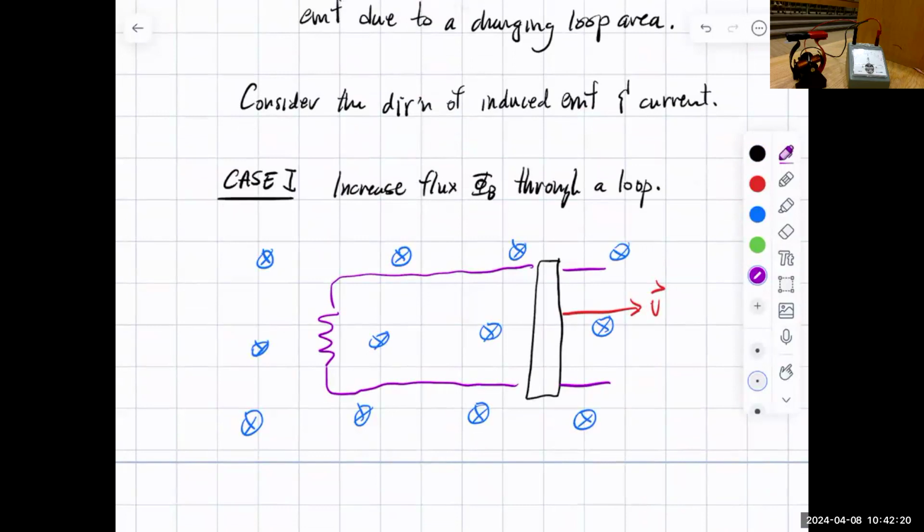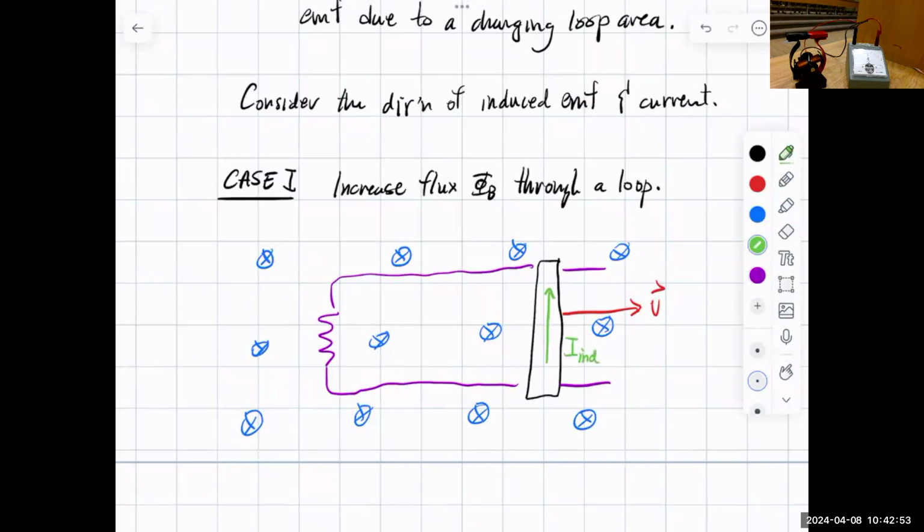Okay, so let's just remember what we were talking about before. The force on the charges inside the bar is qv cross B. So we go v to the right, cross B into the page. The force on a positive charge would be upwards. And so that means we're going to have a current that flows in this direction.